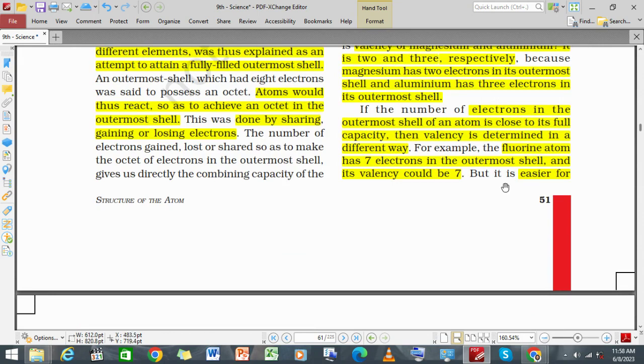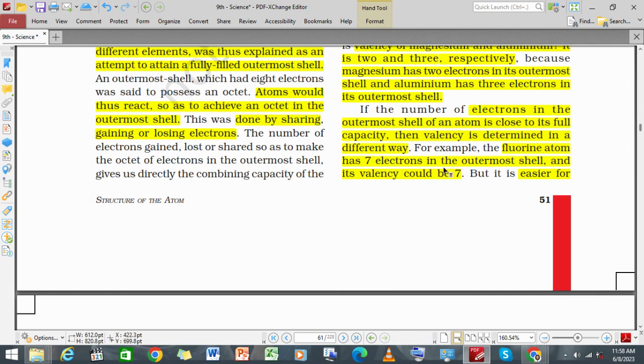Now, people will say that 7 electrons are present in the outermost shell, hence its valency is also 7. But it is not true. The valency is actually the gaining or losing of electrons. If you have one, two, or three electrons in your outermost shell, you have a valency of 1, 2, or 3.